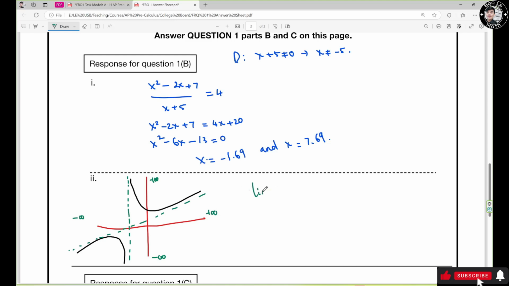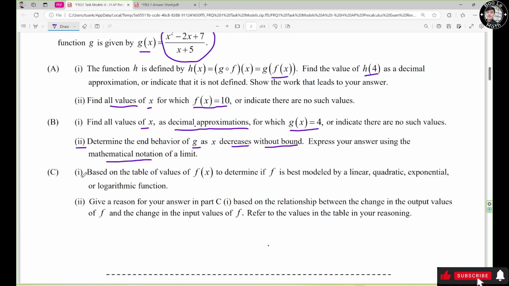Now the limit of the function g of s when s approaches negative infinity, decreasing without bound: when s approaches negative infinity, the function approaches negative infinity. It's going down, so it is negative infinity.